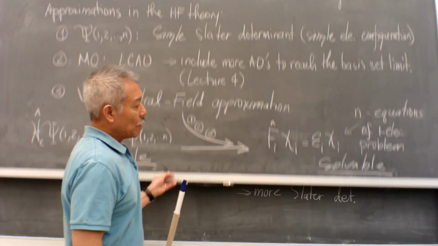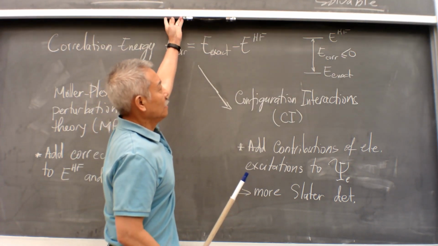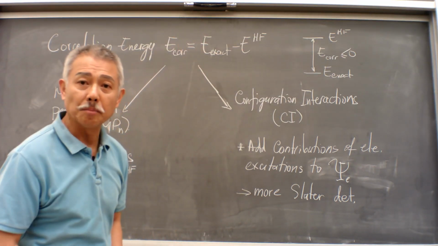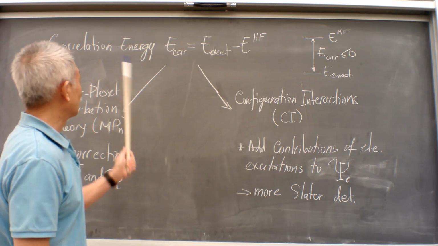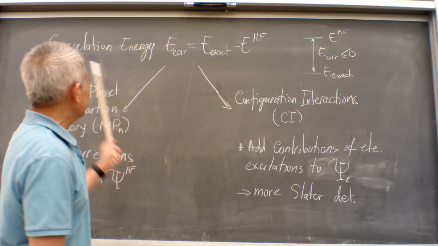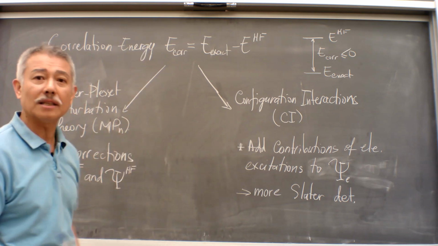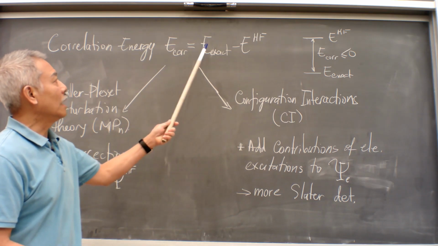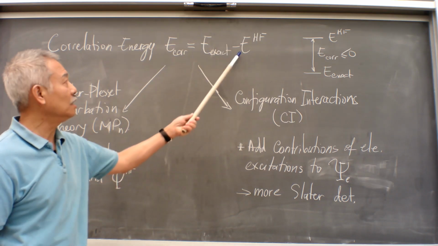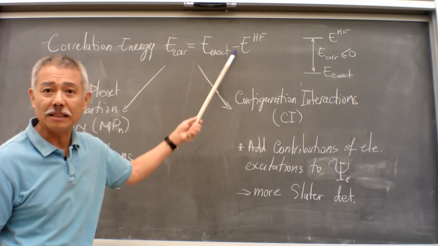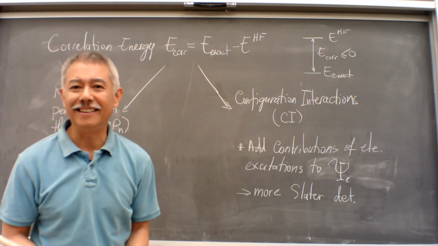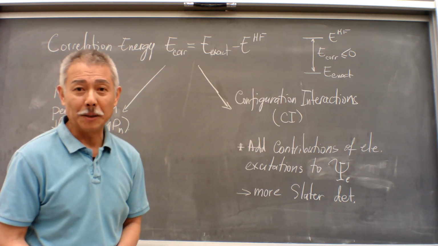Now let's take a look at the errors that come from these three approximations. The way we do that, we define the term correlation energy. The correlation energy is the exact energy subtracted by the Hartree-Fock energy, or the error in the Hartree-Fock theory.